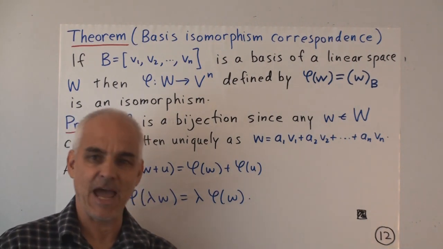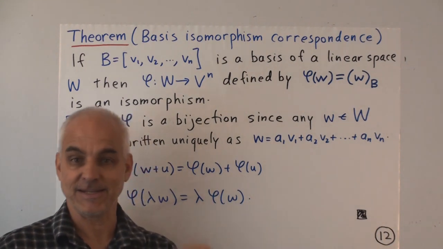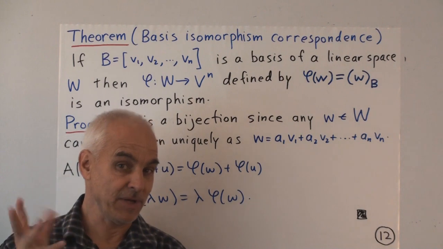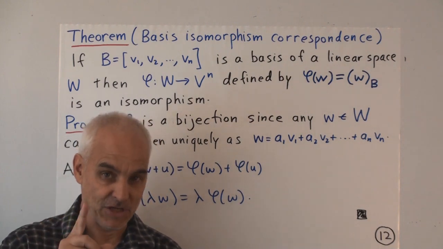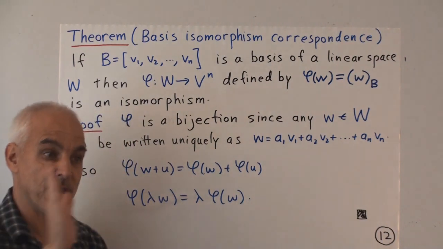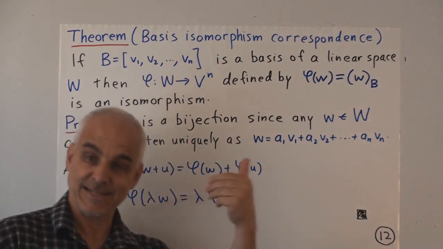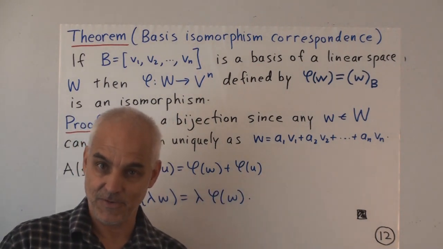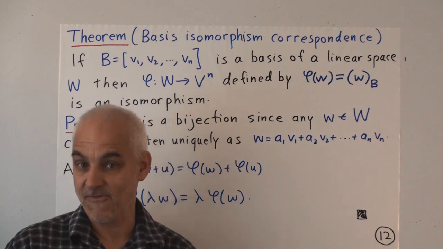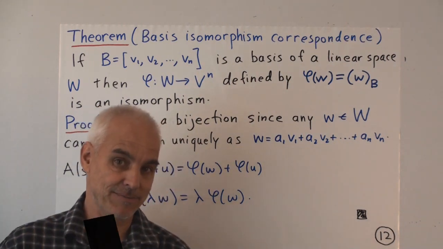With column vectors, we have matrices that we can use to transform, and we can study those matrices. So the idea is if we have a general linear space, first thing to do is choose a basis. Once you've chosen a basis, then you can think of the space via this isomorphism as essentially a space of vectors. And you can apply everything that we know about working with vectors and matrices to this abstract linear space.